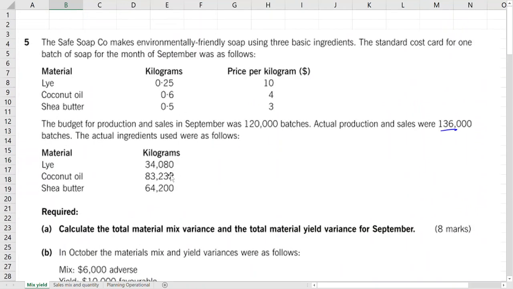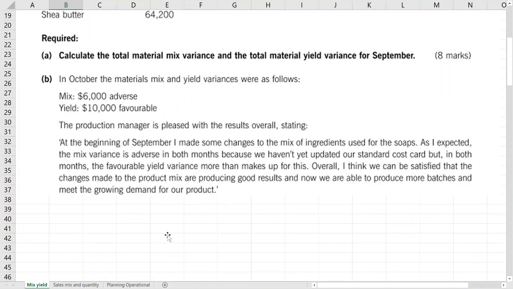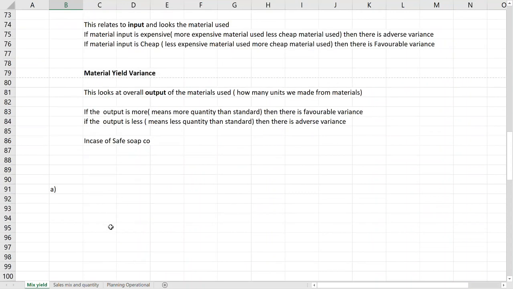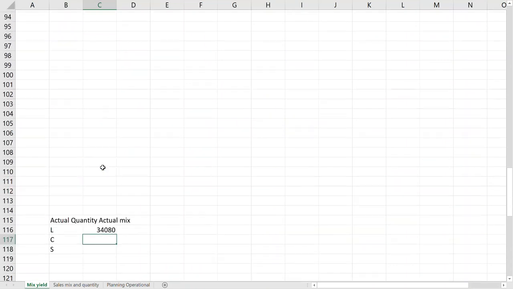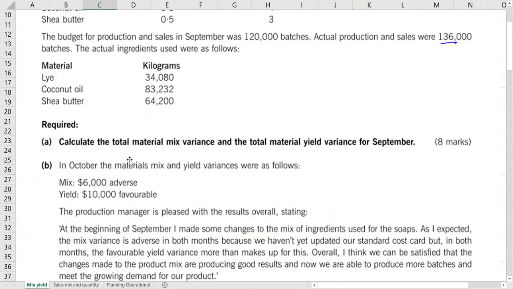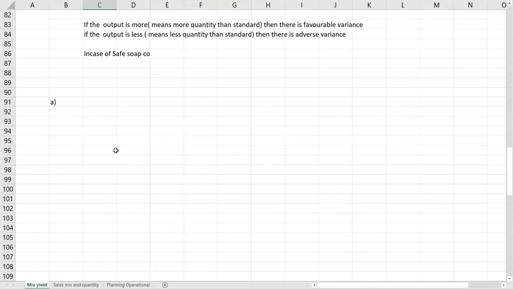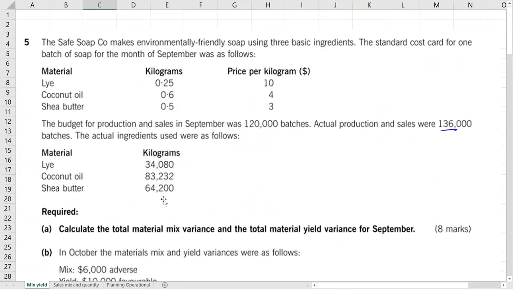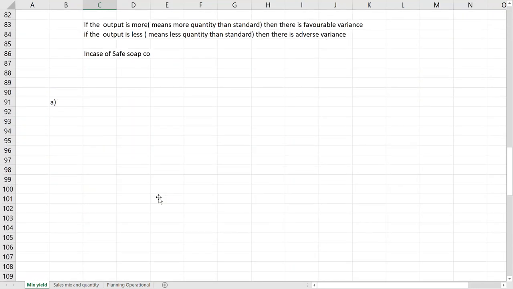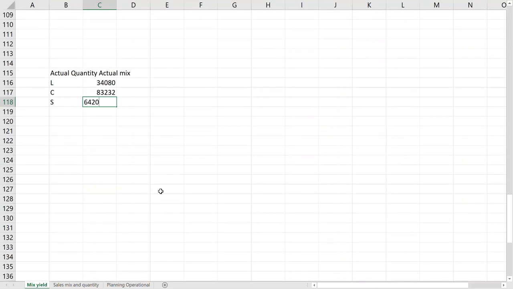We actually used 34,080, 83,232, and 64,200. Okay, this is what we actually used.